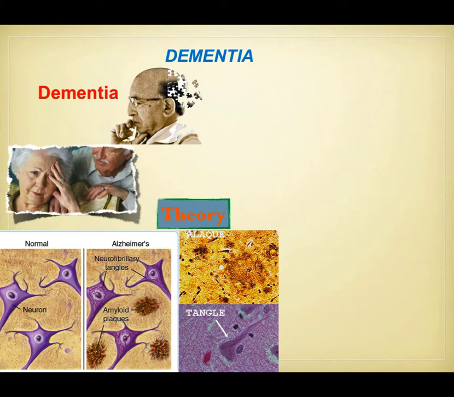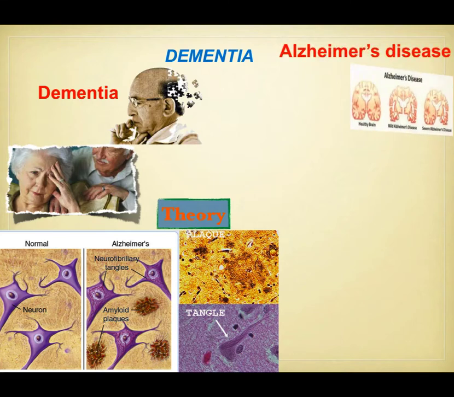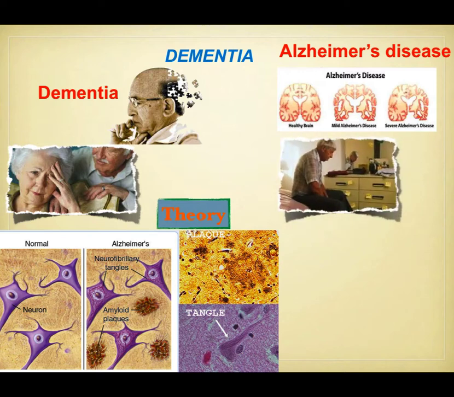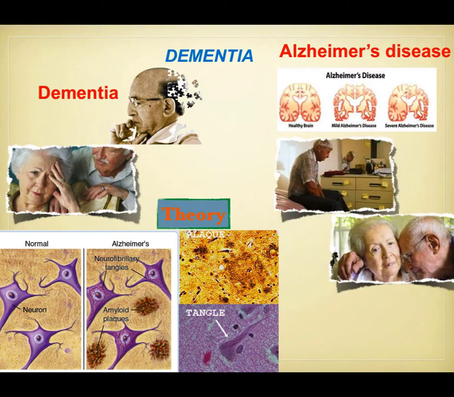As far as causes, there are at least 50 different disorders that are known to cause dementia: Huntington's, Parkinson's disease, severe head injury, stroke, infectious diseases, but the most common is Alzheimer's disease. Alzheimer's disease is a fatal neurodegenerative disorder that accounts for the majority of dementia cases.